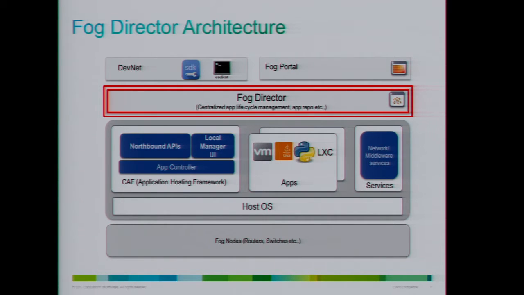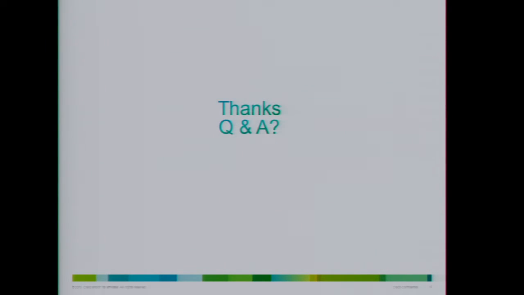So the Fog Director has visibility to all your fog nodes. It can pull the data on which devices you are running, and there is also another Cisco app which is called Prime Infrastructure. What Prime Infrastructure can do is give you information about all the nodes.